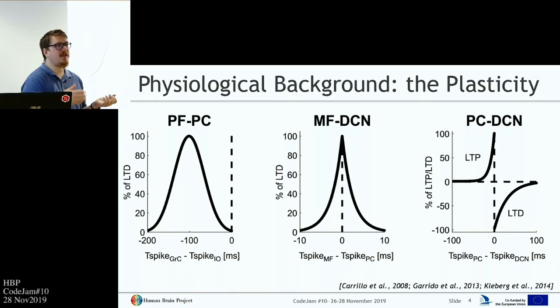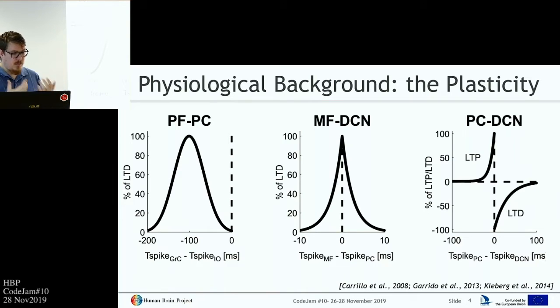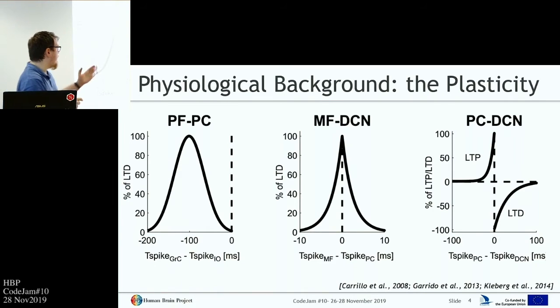So the plasticity is driven by a modulator, a third population that influences the plasticity activity, which are the inferior olive and climbing fibers for the parallel fiber Purkinje cell plasticity, and the PC activity for mossy fiber DCN. So we have this third population, while the last one is a more classic Hebbian STDP.